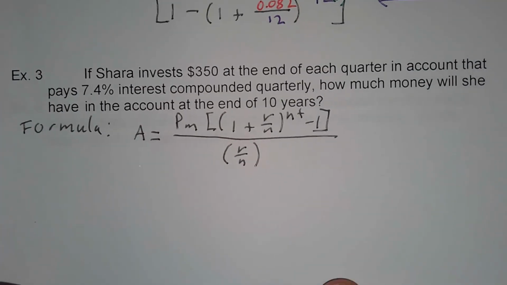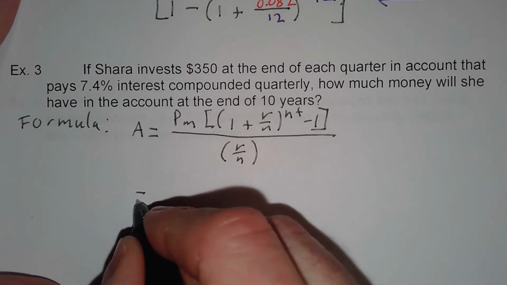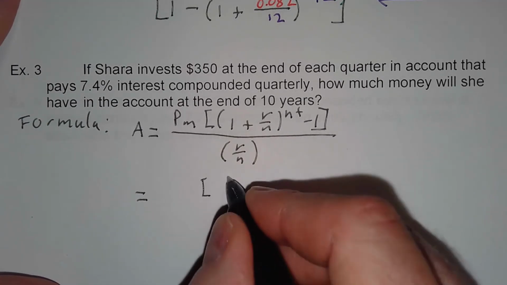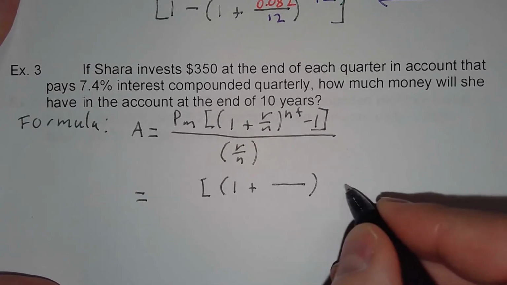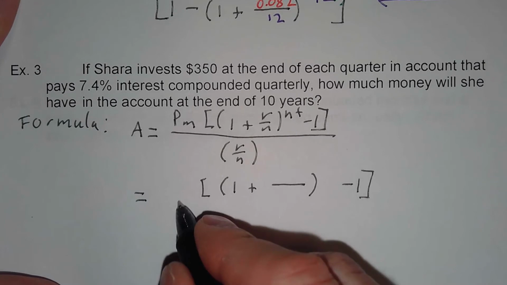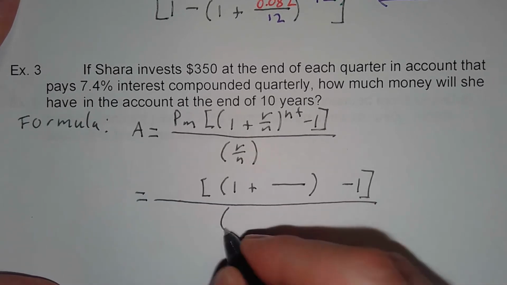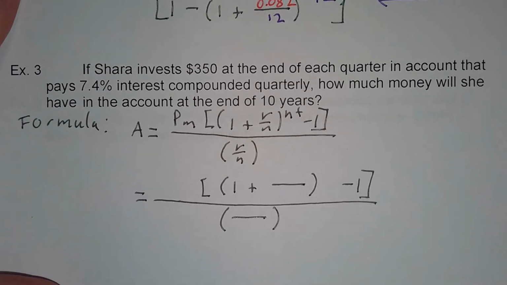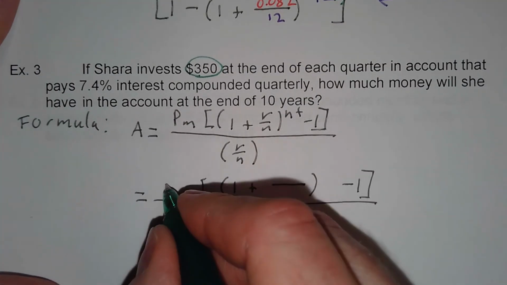And so we're going to now plug in the numbers. So in this problem, our payment here is $350.